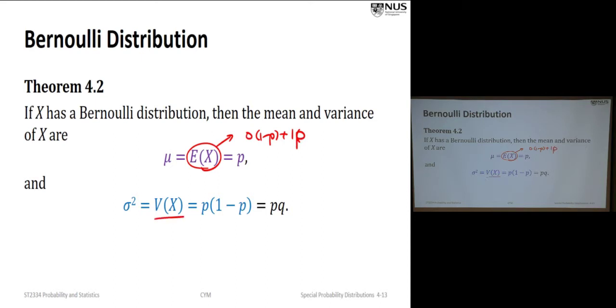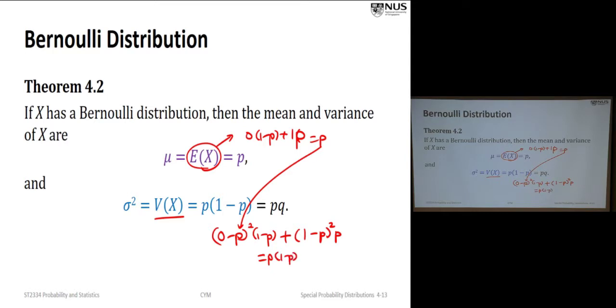For the variance, it is 0 minus P, because the mean is equal to P, squared, times the probability 1 minus P, plus the other value 1 minus the mean, squared, times the probability P, right? Simplified, so here we have P from this, and the rest I have 1 minus P. Oh, so it's P times 1 minus P. Simple exercise, you do it yourself, don't copy.